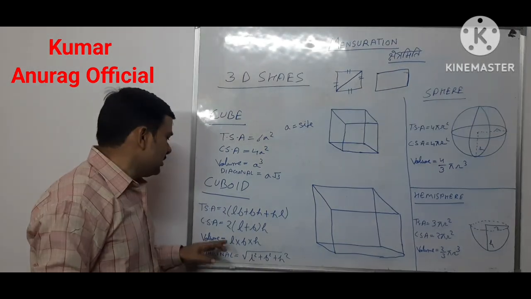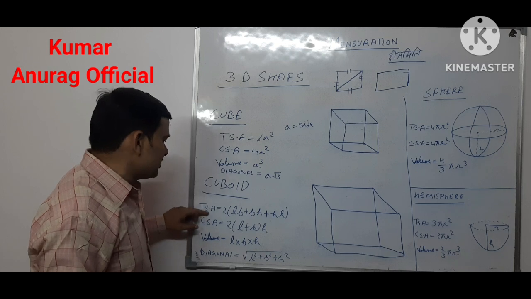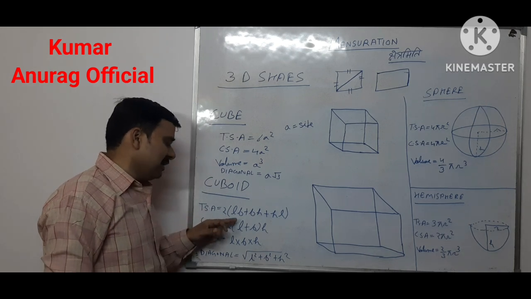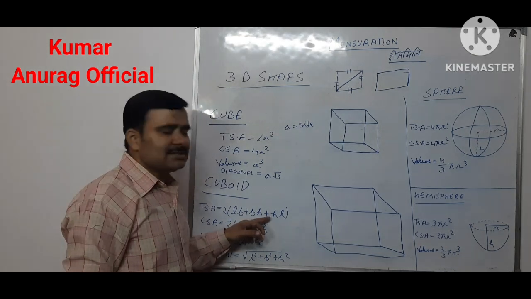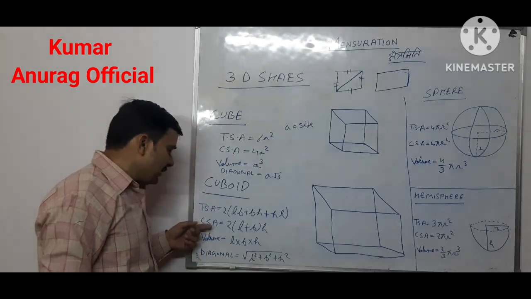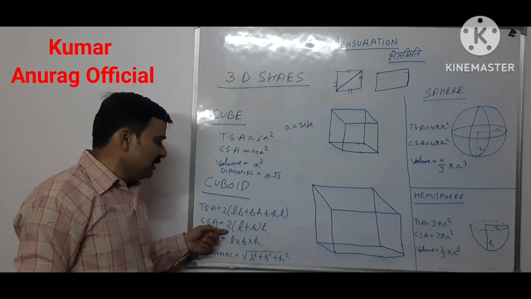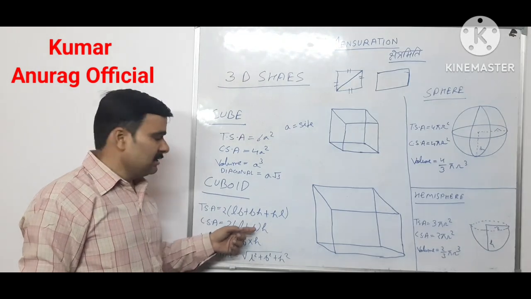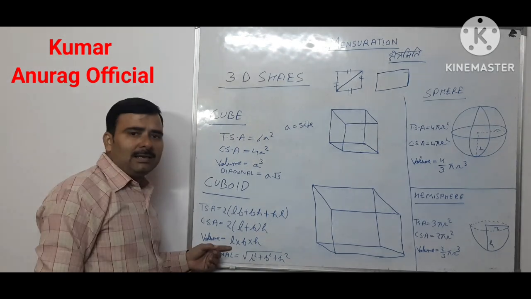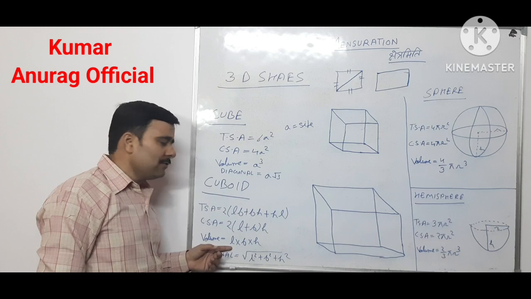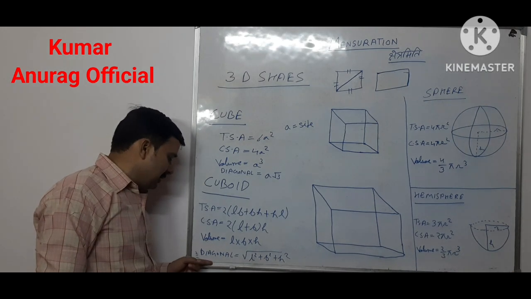So in a cuboid, the total surface area will be 2 in bracket length into breadth plus breadth into height plus height into length, and the curved surface area will be 2 in bracket length plus breadth multiplied with height. The volume is length, breadth and height of the cuboid.